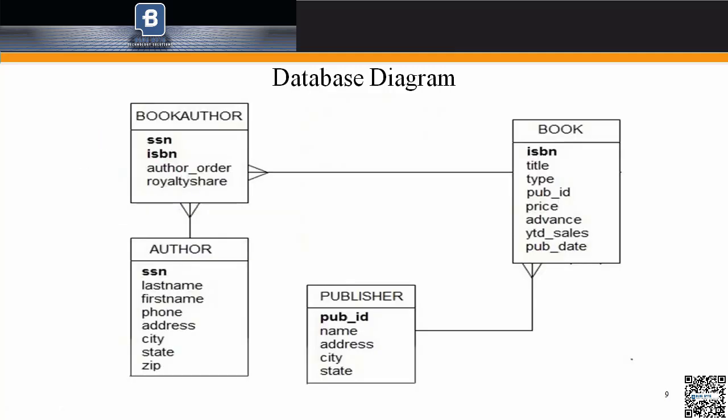Here's the database diagram. Here's the book table, and it has a pub ID column in it. And the publishers table, primary key is publisher ID. Makes sense that that would be the primary key for this table. But for every book, we put a code in there, the pub ID code, to indicate who's publishing it. The technical term for this column in the book table is that it's a foreign key.